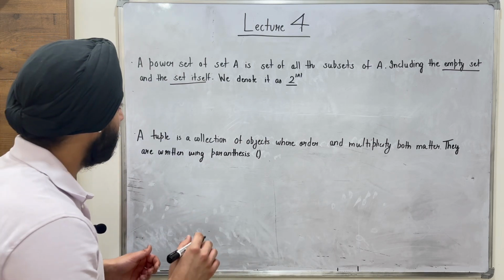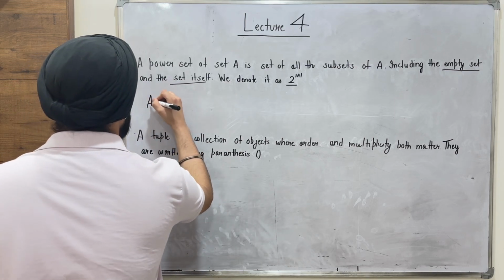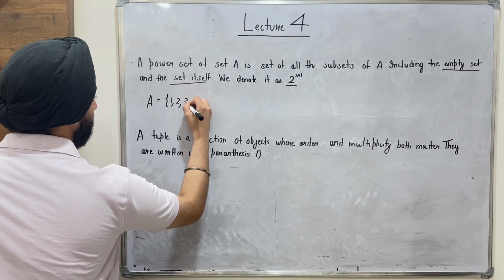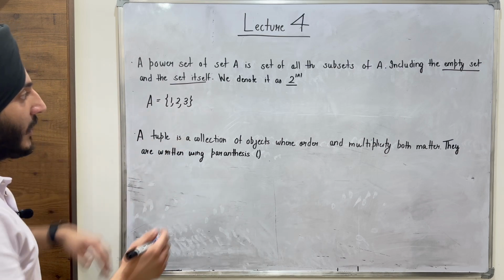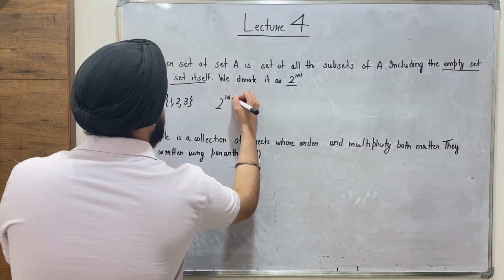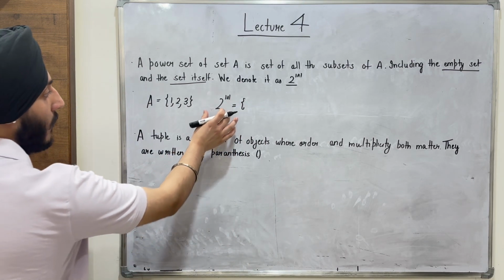I'll try to explain it with a very simple example, right? Consider I have the set A. So I have A equal 1, 2, 3. Now in order to figure out the power set, which is 2 to the power A, right? We denote it using this symbol, and I'll explain what this basically means.